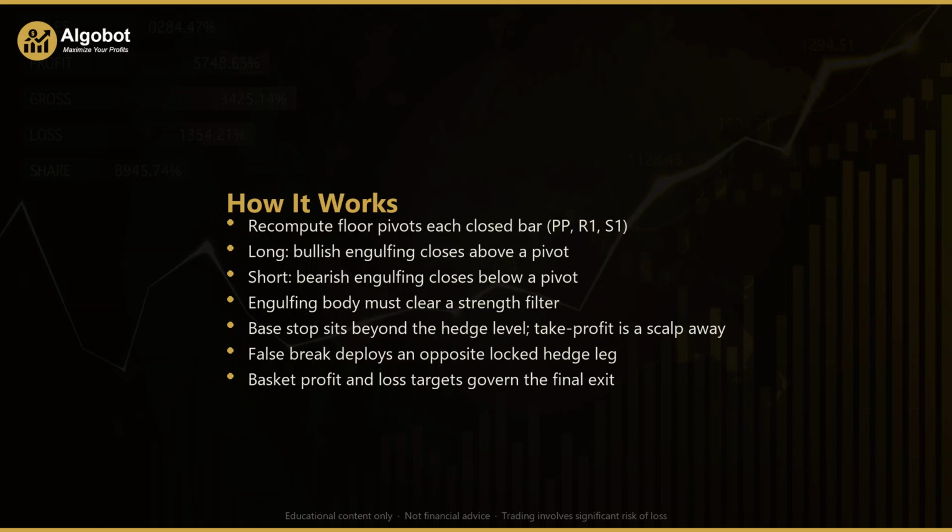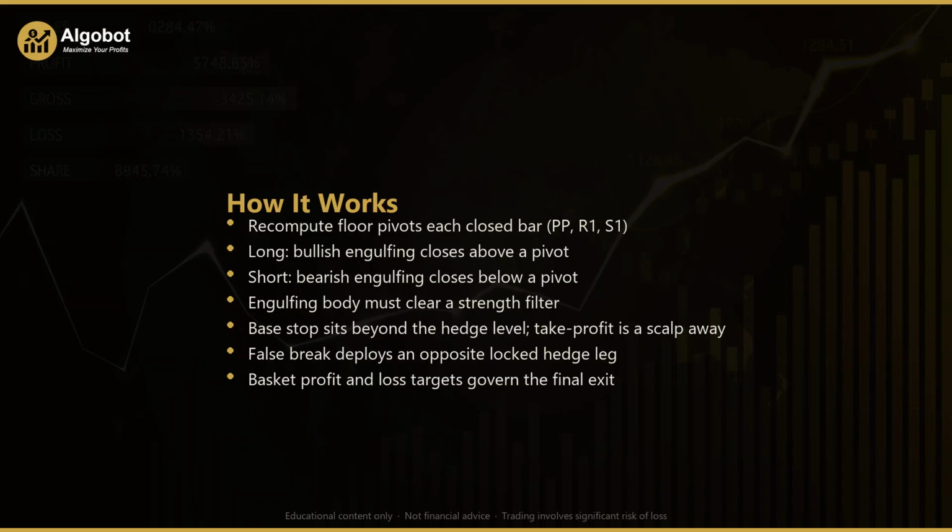Next comes the entry. The strategy only looks for new trades when it is completely flat, with no open positions. It examines the candle that just closed and the one before it to check for an engulfing pattern. For a long setup, the strategy detects a bullish engulfing candle. The just closed candle is bullish, and its body fully covers the prior bearish candle's body.